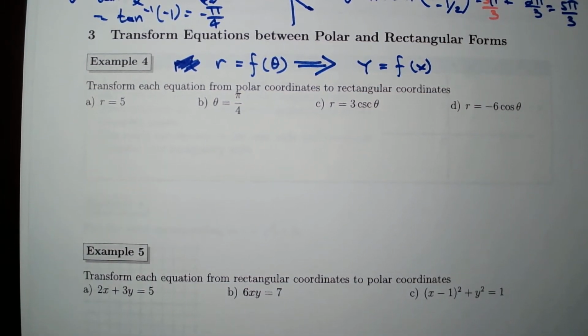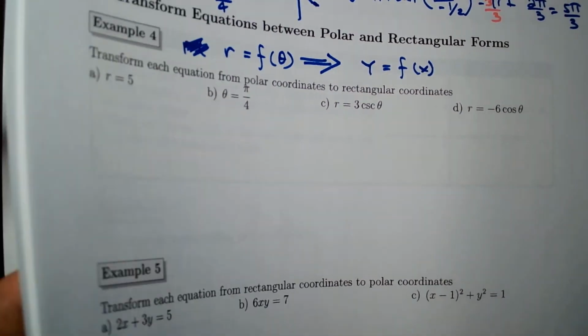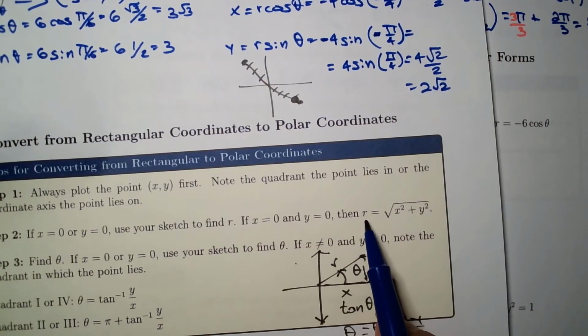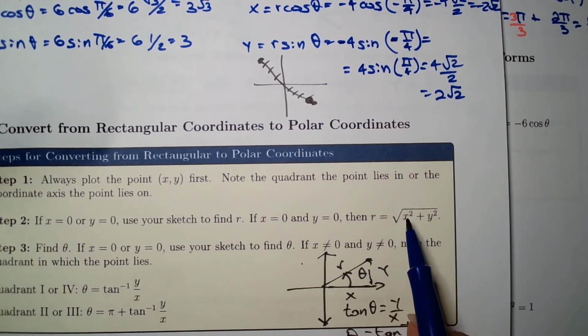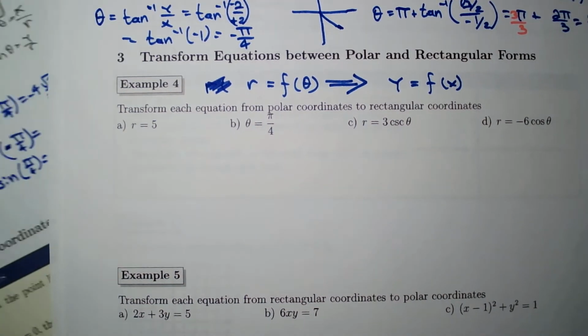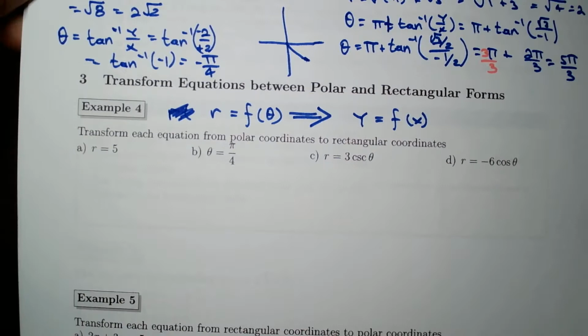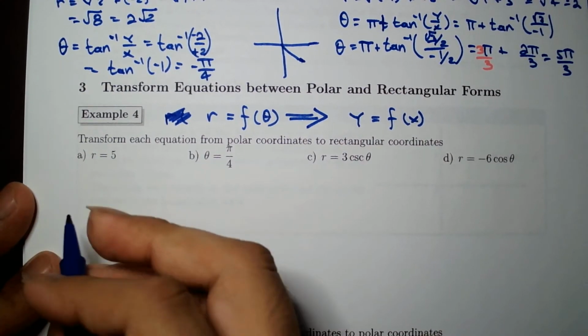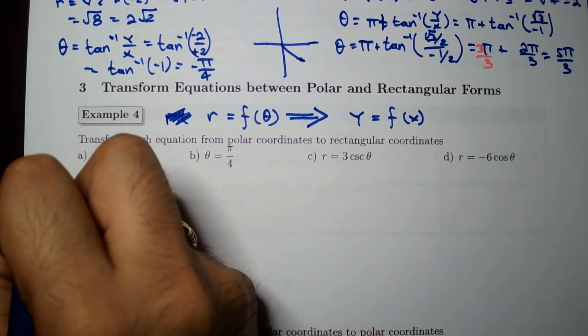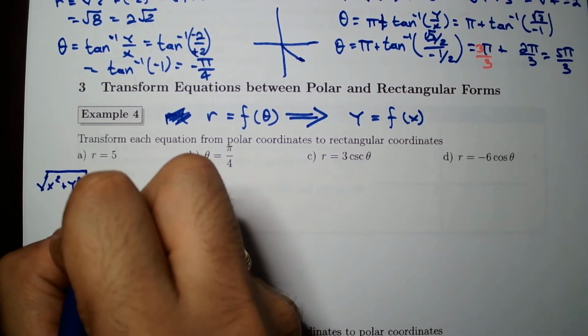Well, from the previous page, keep in mind that r equals the square root of x squared plus y squared in the rectangular system. So what we have to do in this case is simply replace r with the square root of x squared plus y squared, and that equals 5.